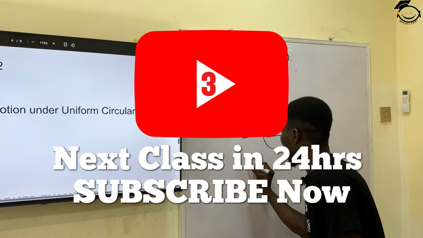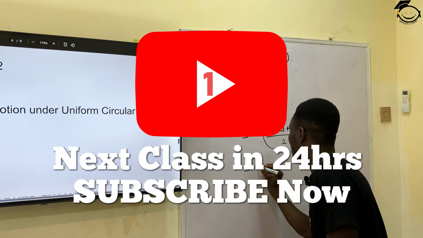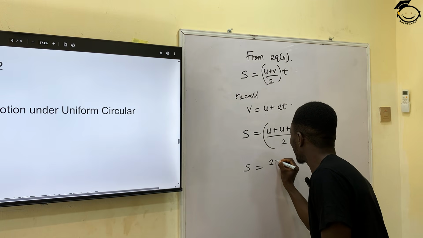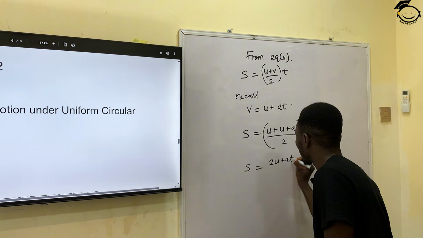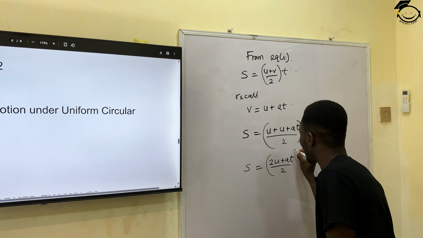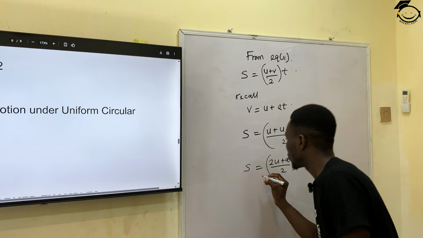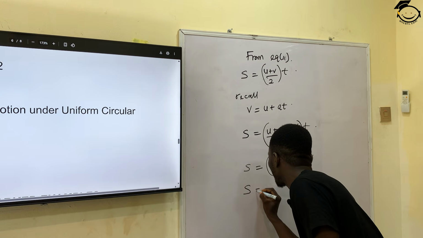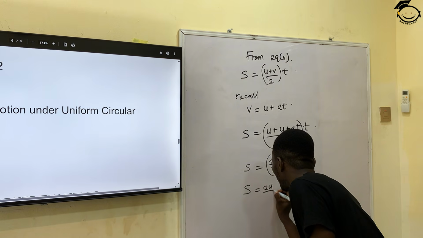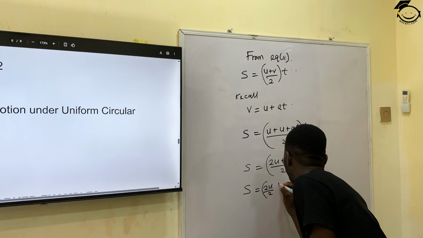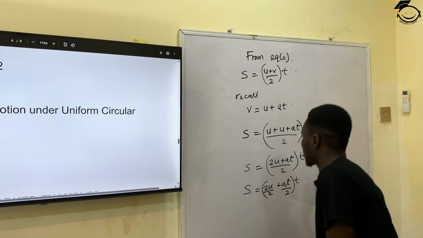So at the end of the day, I have my distance to be equal to 2u plus at divided by 2 in bracket t. And that will give me that my distance is equal to 2u over 2 plus at over 2 in bracket t.